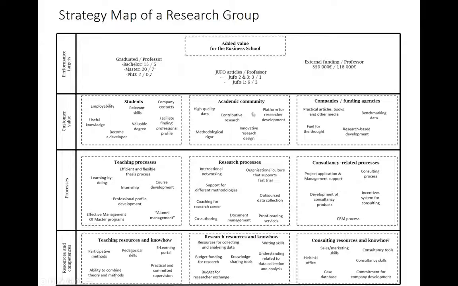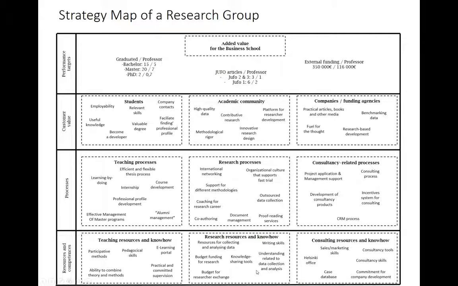These types of customer values are achieved through these types of processes and activities when creating value from resources and competencies which are related to teaching, research, and consulting. So from these consulting resources and competencies, through these processes and activities, customer values for companies and funding agencies are generated to achieve the external funding target per professor.